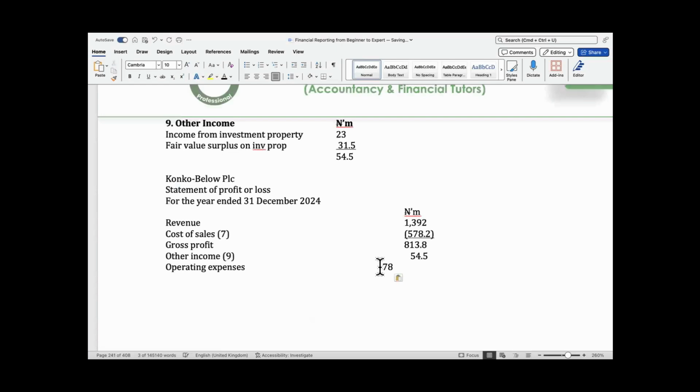I have operating expenses. I put it in brackets, and it's 78. So if I deduct that, I will get my profit before interest and tax, which is my operating profit. What are we going to get? 790.3.